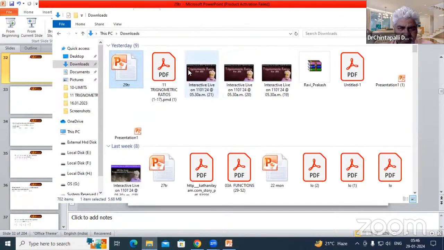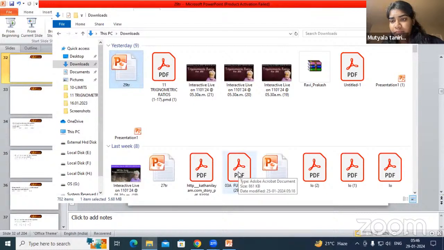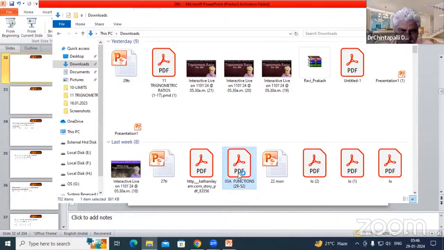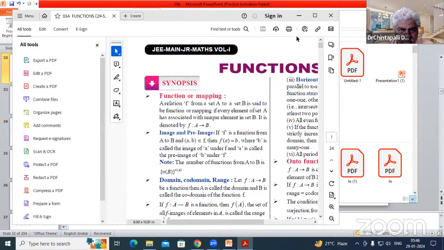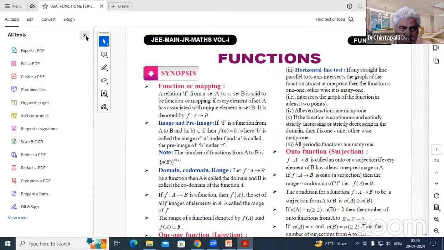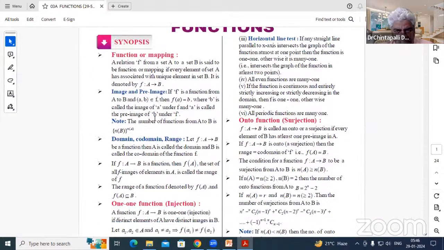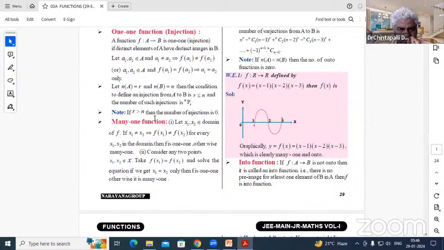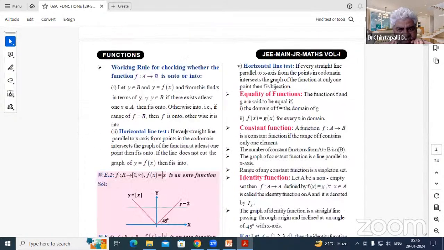It is functions, I think. Yes, sir. Is it from the beginning? Yeah, it's from the beginning. Functions is a huge subject.